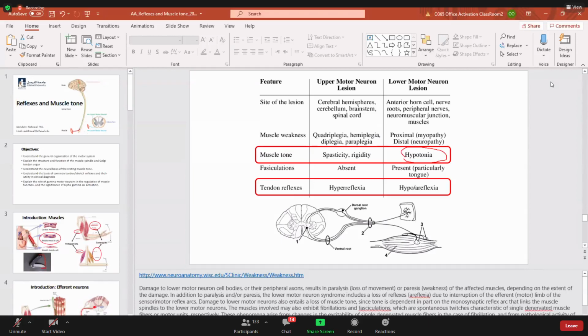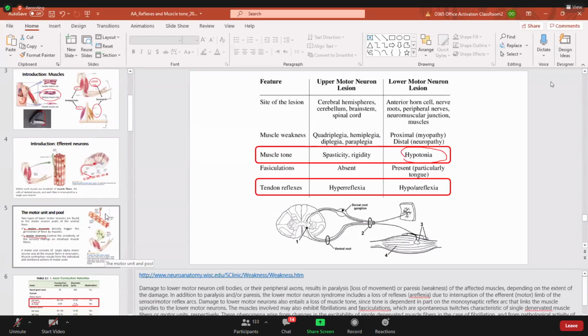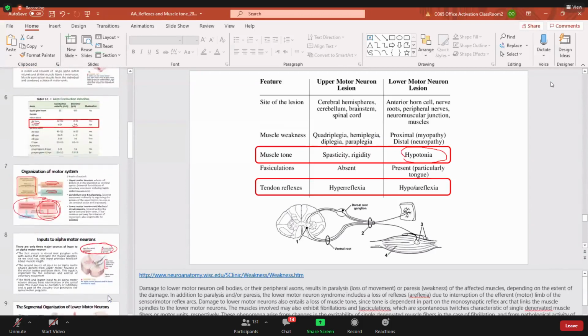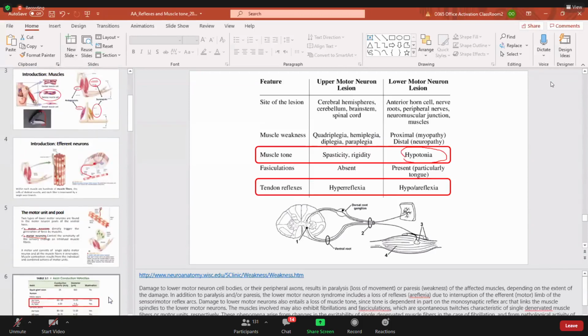So the gamma loop. We said that the gamma motor neurons basically innervate the intrafusal fibers, while the alpha motor neurons innervate the extrafusal fibers.